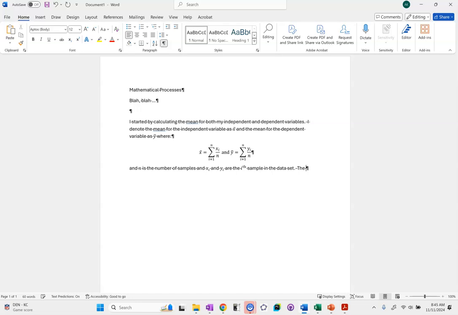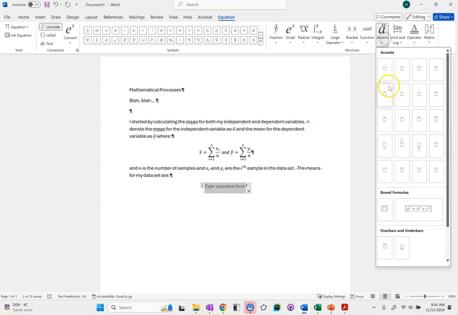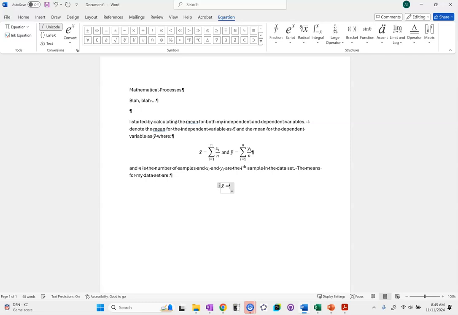So we'll say the means for my data set are, I'll press enter, and I'll go back into the equation editor, and I'll write x bar equals, and I'm going to do a fraction, and I'm just going to make up some numbers here. So like 8 plus 11 plus 1 plus ... plus, I don't know, my last one, let's say, is 2.